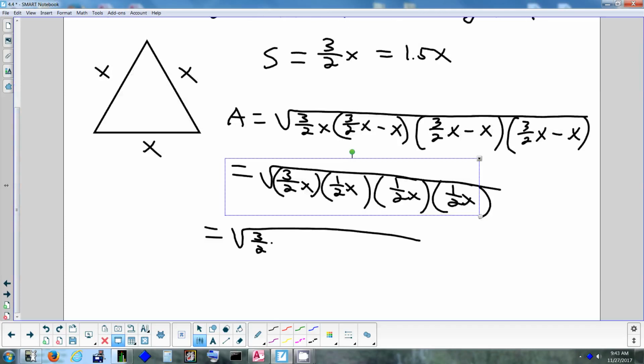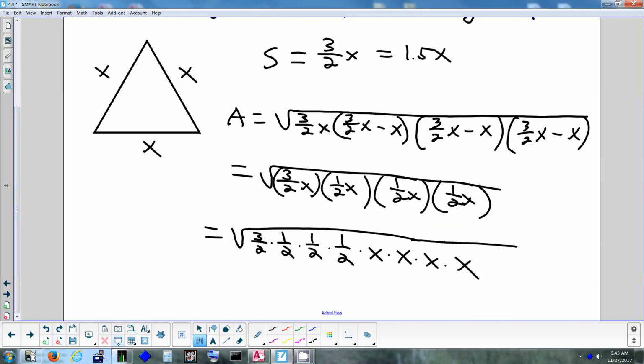So that number times that number times that number times that number. So we've multiplied all the numbers. And now multiply all the letters. X, x, x, x. Any questions on that stuff?